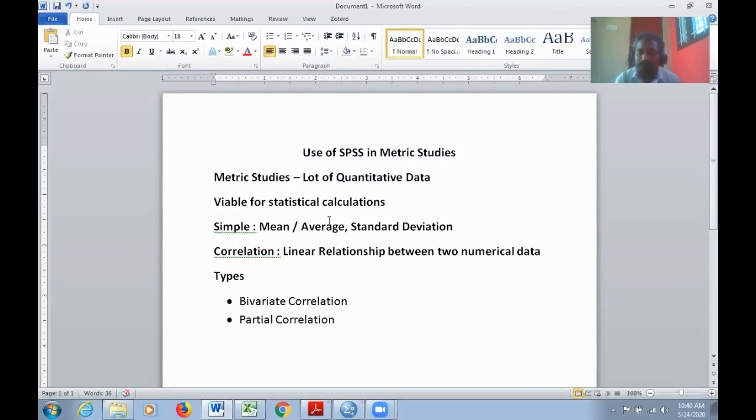And sometimes even you can calculate standard deviation for your quantitative variables. See, standard deviation tells you to what extent your data is spread, whether it is so widely spread or it is narrowly spread or it is not spread in the sense all the observed values are very close, they are around the mean value, they're not very far from the mean.